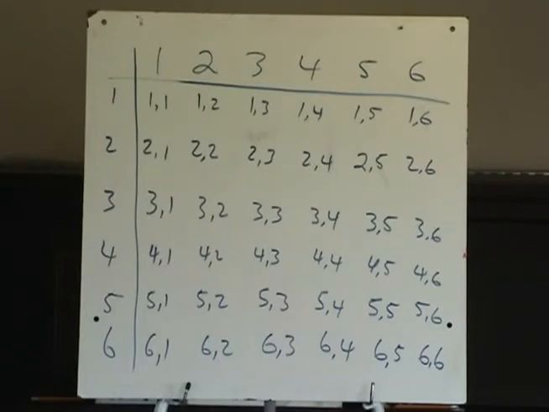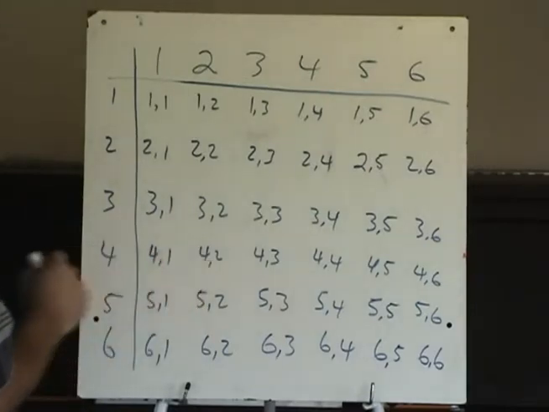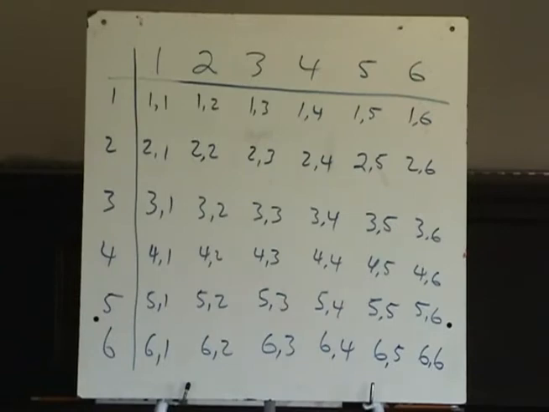Now I might ask the question, what is the probability that if I rolled those 2 dice and then added up the results, so added the 2 numbers, the sum of those 2 numbers is greater than 8? Well, from my sample space, I can simply circle all of the ones where when I add them together, I would get an answer more than 8.